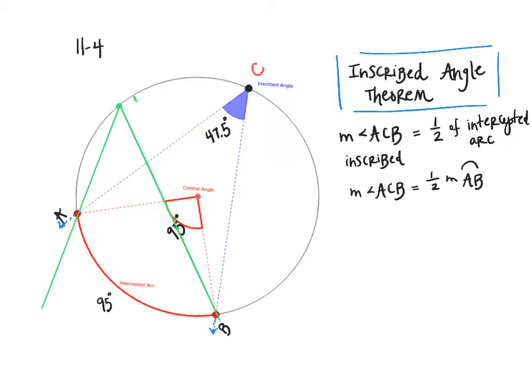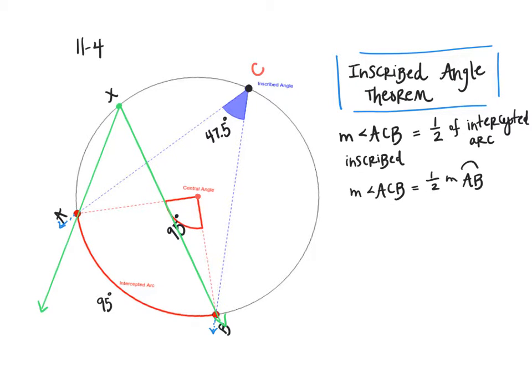Now, what do you notice about this angle? I am going to give it some points, but look at some characteristics. I'm going to label this with an X.